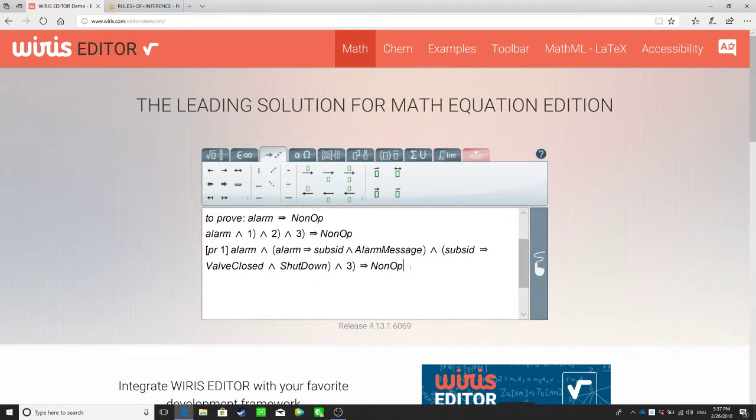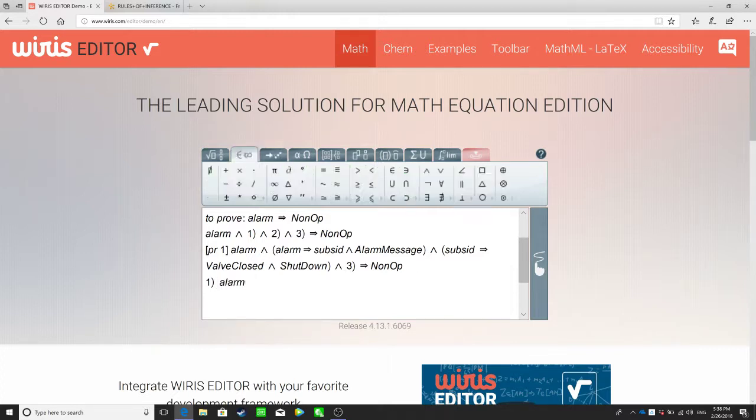So now let's see what we can do. Alarm, and what shall we put into this? Negation P1 or P2. Remember? So it's negation alarm.